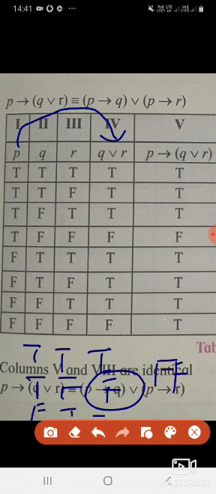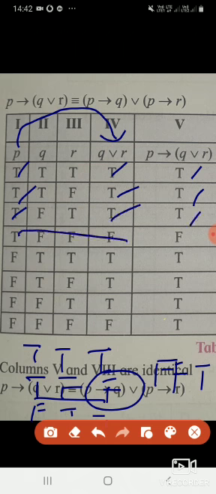False to false is also true. So true to false is false. Both true is true, true to false is false, false to true is true, false to false is also true. So we have completed the left hand side value.